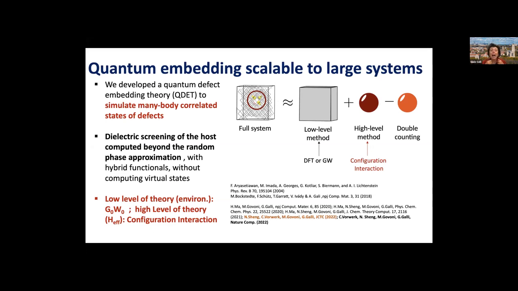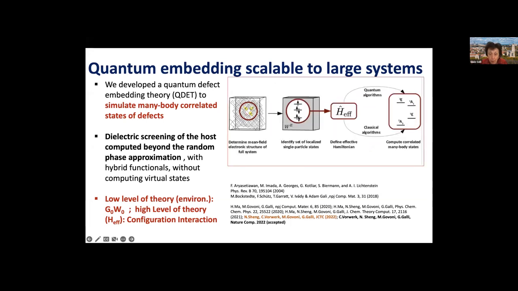One is how we compute the dielectric screening of the host and the effect of this dielectric screening on our embedded defects. We compute it with algorithms that we have developed in the last 10 years to do many-body perturbation theory calculations.